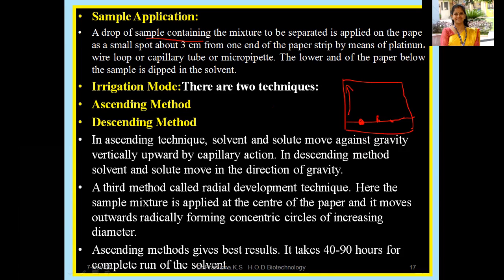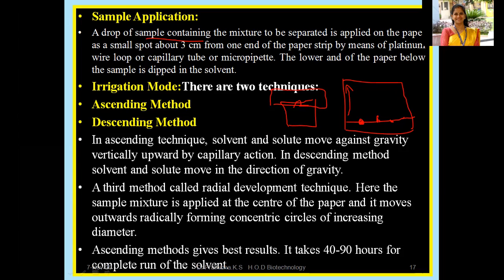In some cases, you are going to label like this only, but you reverse it and hang it here, and at the top you will have the container where the solvent will be. From top to bottom, this chromatography paper will be hung. And we can see the two different types of paper chromatography technique.